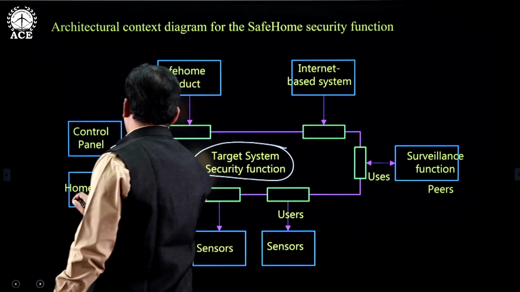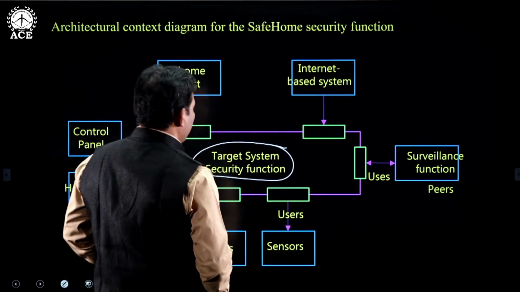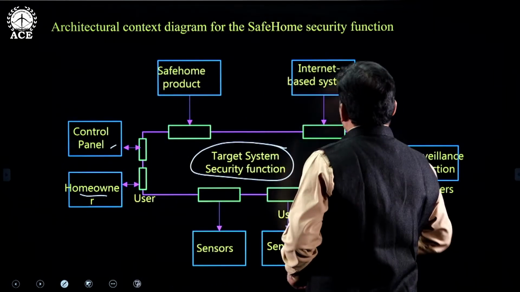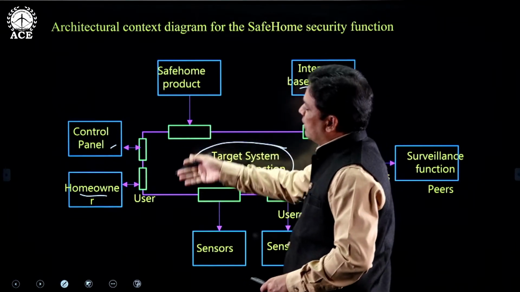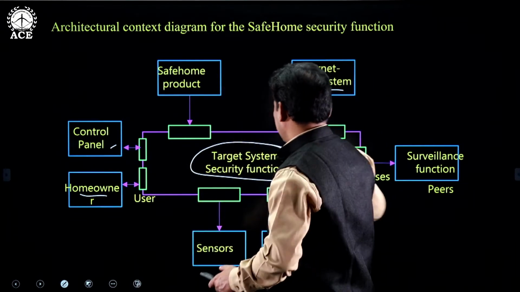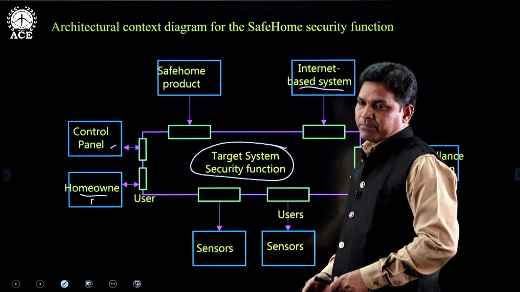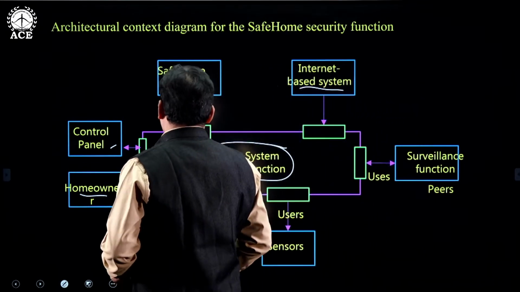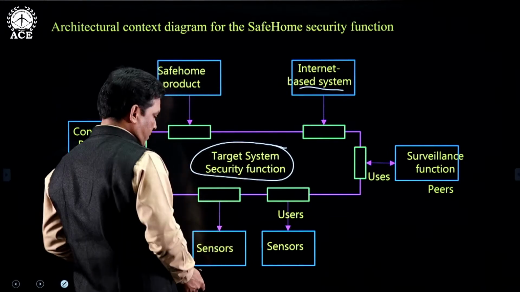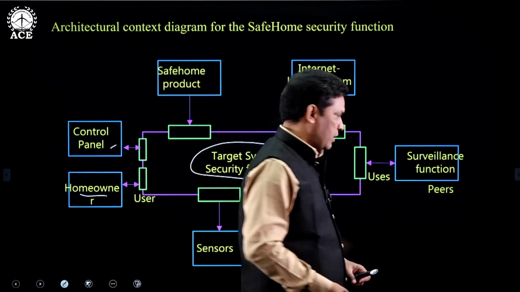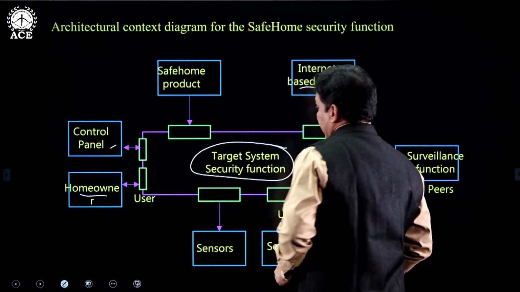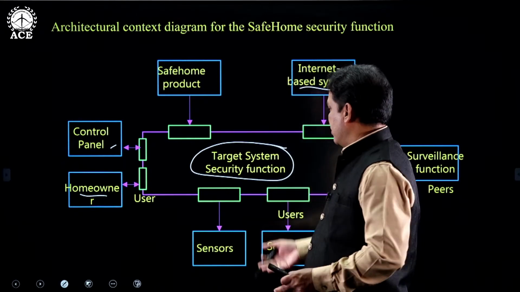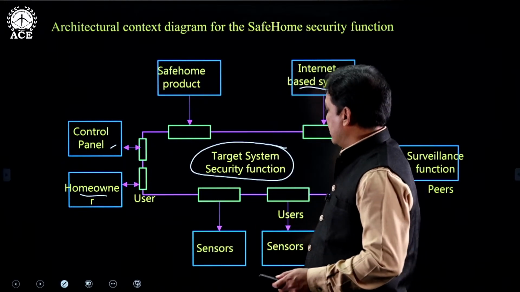Control panel, homeowner. The homeowner can remotely operate their safe home security system, so here it is an internet-based system. If an unauthorized person tries to enter the home, the safe home security system will give information to the homeowner, so the homeowner can alert the neighbors. That way the home can be safe, right?